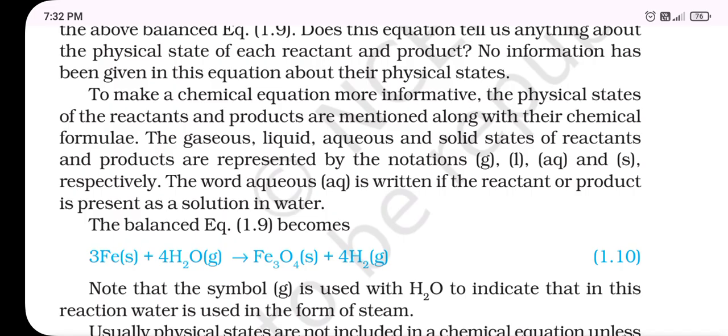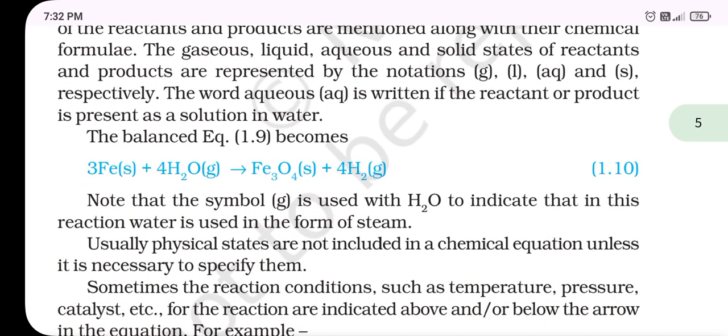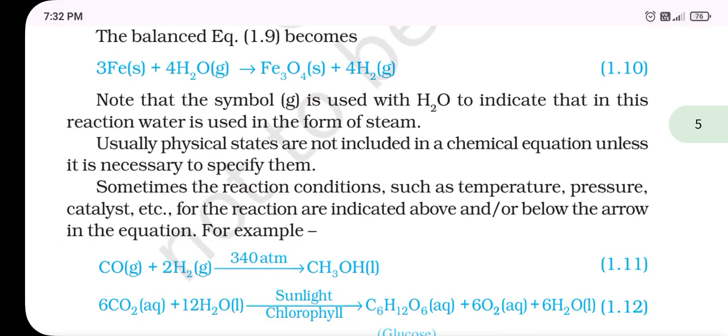The balanced equation 1.9 becomes 3Fe plus 4H2O(g) gives Fe3O4 plus 4H2(g), equation 1.10. Note that the symbol g is used with H2O. This is the most important: iron is a solid, but water is present in a gaseous state. Normal water is in liquid form, and gaseous water means steam.